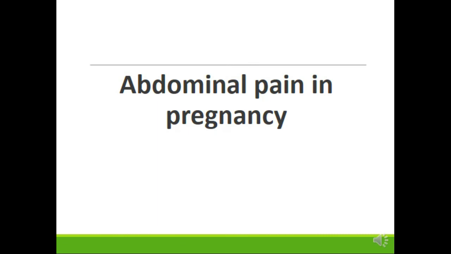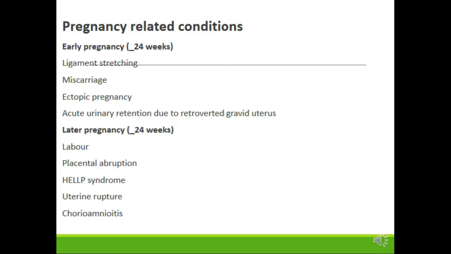Let's move on to another important topic, which is abdominal pain in pregnancy. Abdominal pain in pregnancy can be divided into pregnancy-related and pregnancy-unrelated conditions, and also, depending on gestational age, into two groups: early pregnancy abdominal pain, less than 24 weeks, and later pregnancy abdominal pain, more than 24 weeks.